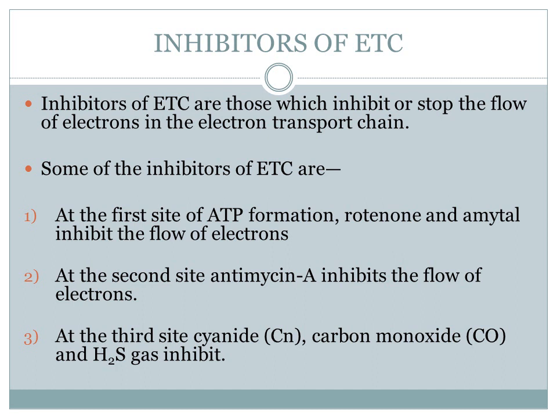The inhibitor at the first site is not at all harmful because FADH2 can utilize oxygen and form ATP, so the cell will not die, because FADH2 enters electron transport beyond the first site of ATP formation. So rotenone and amytal are not more poisonous. At the second site the poison is a little more, but at the third site it is very poisonous.